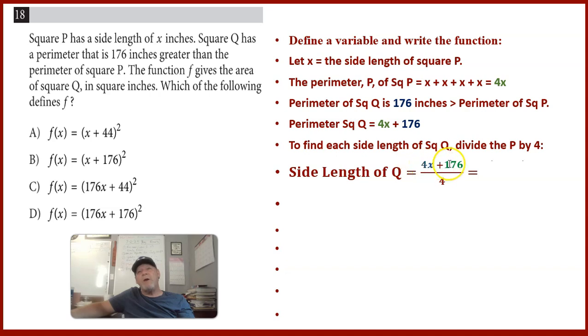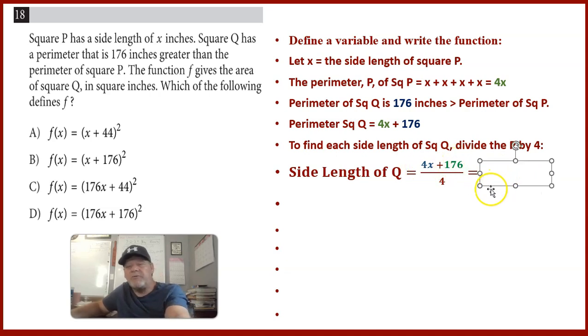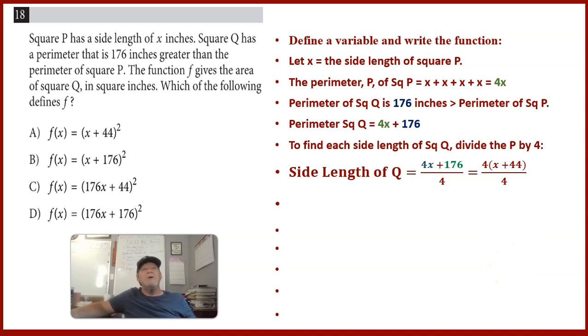So I take my 4x plus 176 over 4, and I can find a common factor of 4x and 176 by reversing the distributive property up there. So it ends up being 4 times the quantity x plus 44, and 4 over 4 is 1 and actually cancels as a common factor of 4.